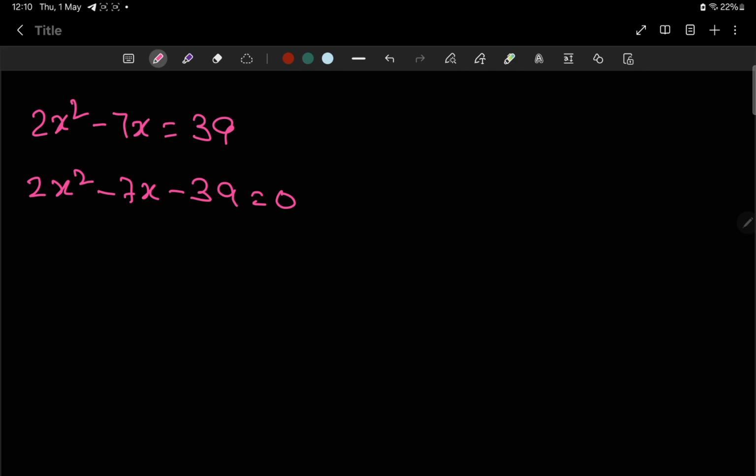Now how should we do it? First multiply the first number and the last one. The basic format of a quadratic equation is ax square plus bx plus c is equal to 0. It may be minus also. So let's take this as a, this as b, and this as c.